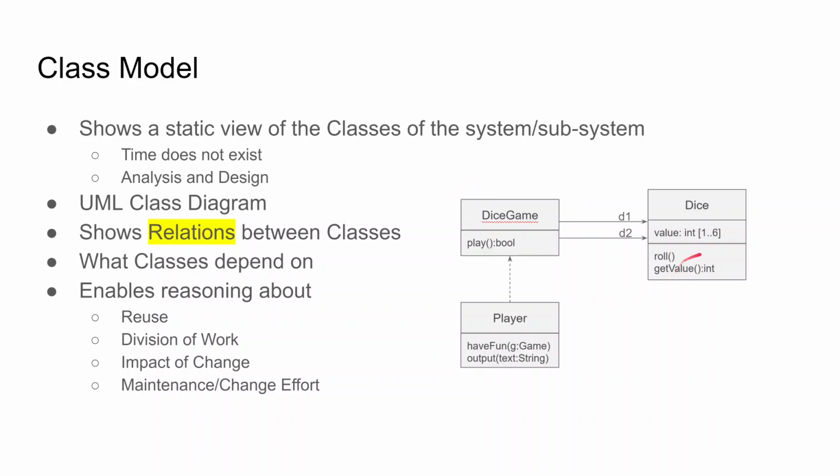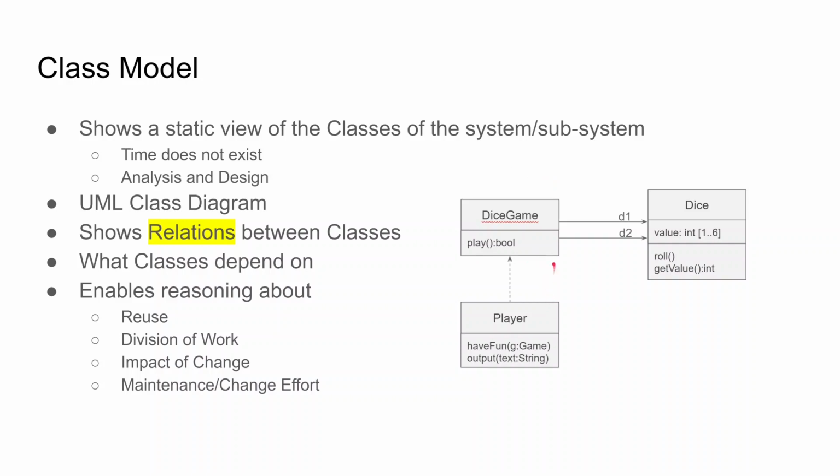Also, we know that if we change something in dice, this may have an impact on dice game. So, for example, if we change this value to be 1 to 16, maybe the rule here that we implemented in play will not work as well as it did before. So we know that if we change dice, the things that depend on dice may also be affected.